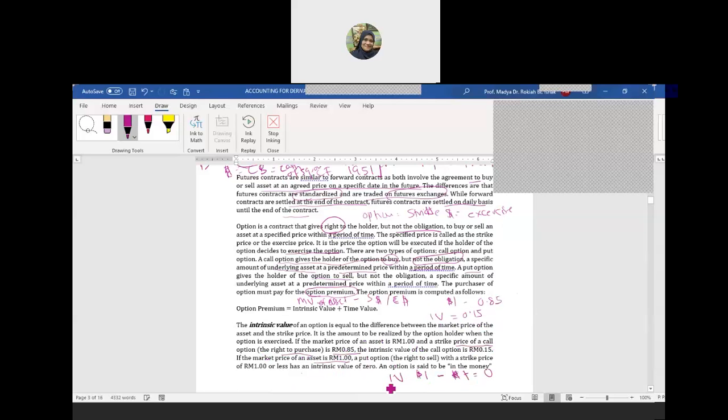It is also 0 if the market value is less than RM1, say 90 cents, because your exercise price means you want to buy at RM1. If the market value of the share is lower than RM1, it's not worth exercising your option. So the intrinsic value will be 0.